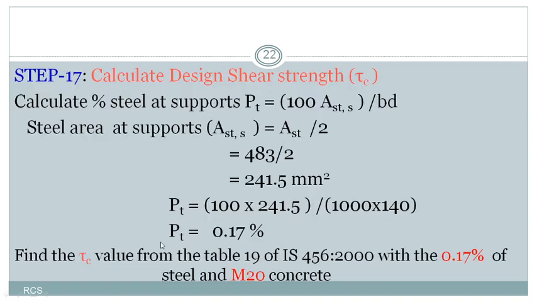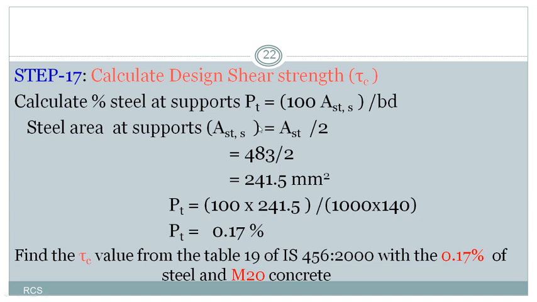Next we will check one more condition based on the tau C and tau V relation. To calculate the tau C value, we should know the percentage of steel required and the grade of concrete. From this table we have to calculate, as we are bending the slab at the supports, 50% of the bars should be bent.